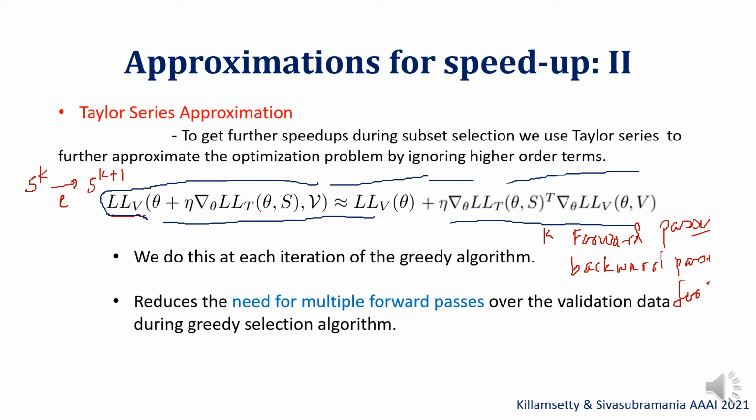Now it turns out that with this first order approximation, by ignoring the higher order terms, we will only need k forward passes for calculating the validation log likelihood corresponding to the budget, and we'll also have additional k backward passes to compute the validation log likelihood gradient.